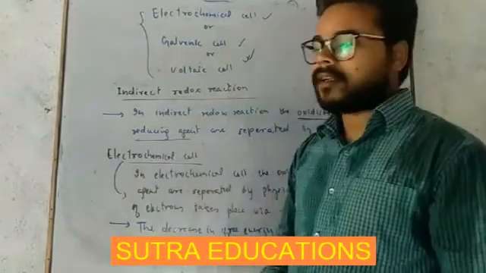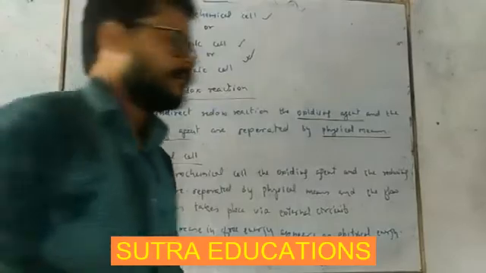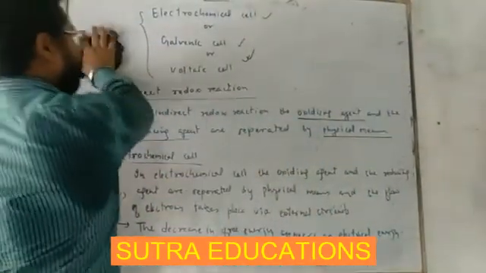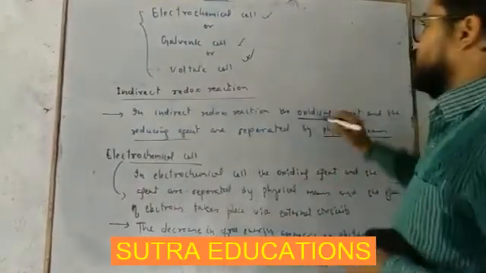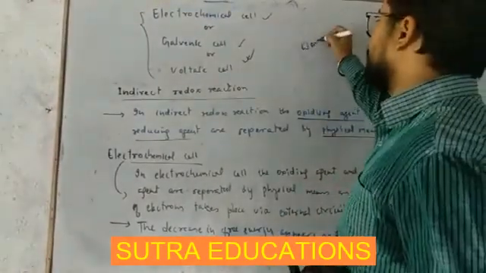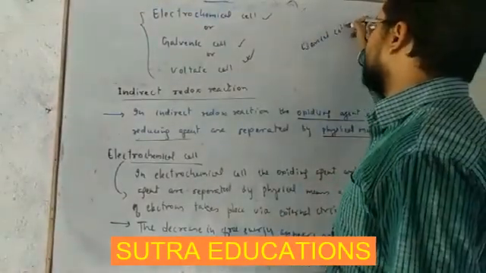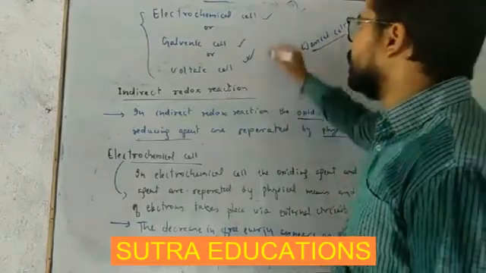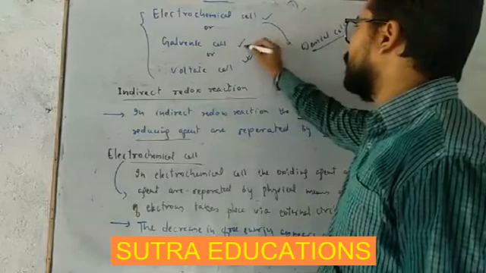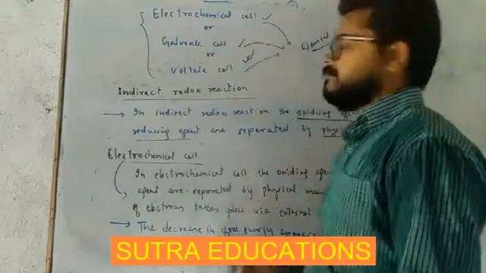Now we will try to understand its construction and working. In this we are going to discuss the Daniell cell. Don't get confused: the Daniell cell is simply a type of electrochemical cell, or galvanic cell, or voltaic cell.